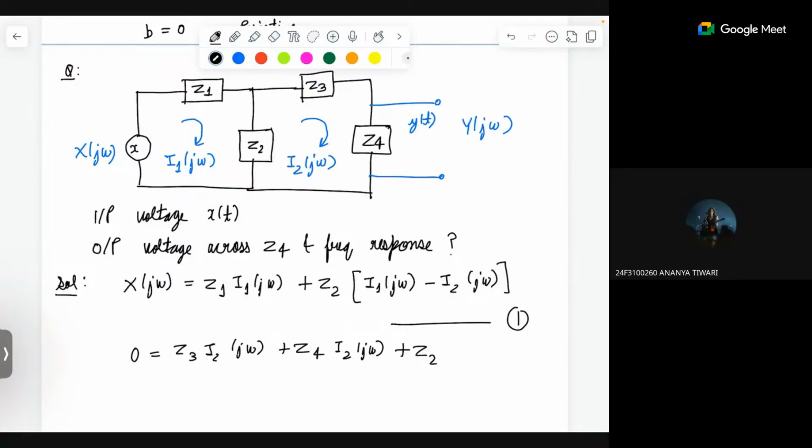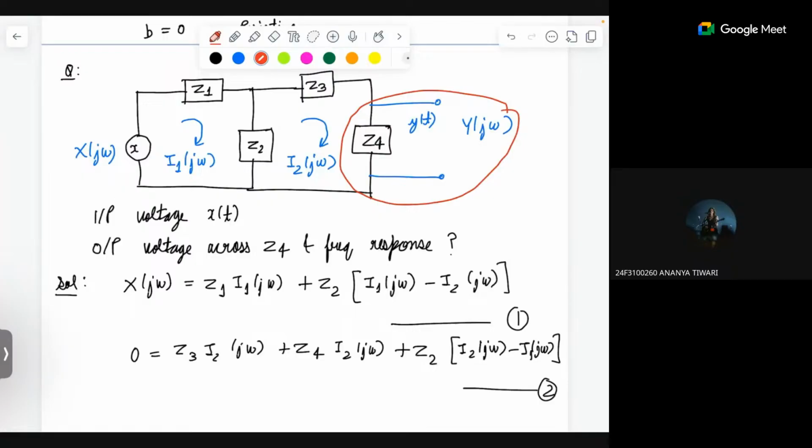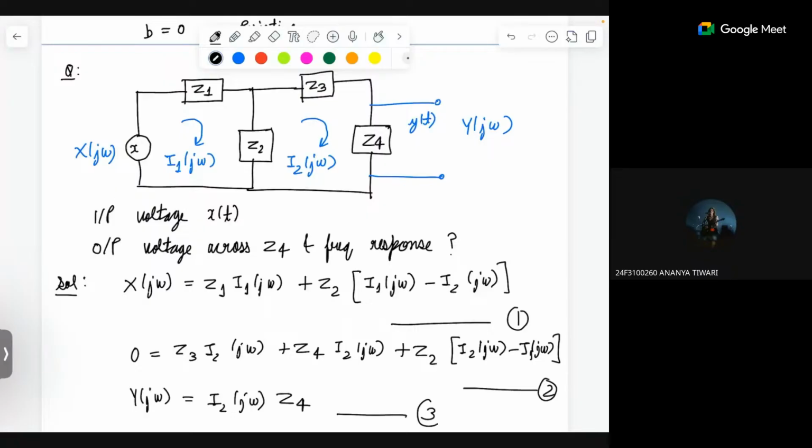We are in loop 2, so we will take I2 minus I1. I2 j omega minus I1 j omega. This is my second equation. For the third equation, I will just write this input-output relation. So I have y of j omega is equal to I2 j omega Z4. This is my third equation.